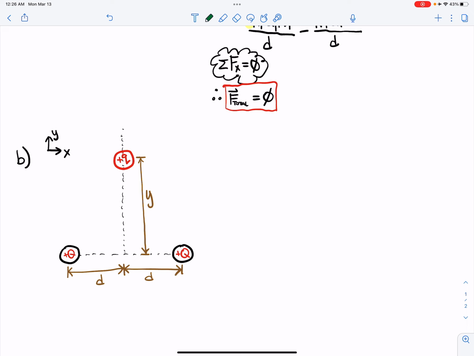Because these are both positive charges, I'm going to have a force going this way, right? And I'm going to call this F1. And also, these are two positive charges, so I'm also going to have a force going this way. I'm going to call that F2.